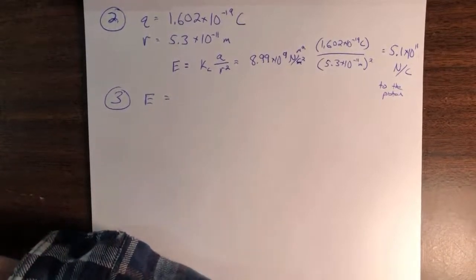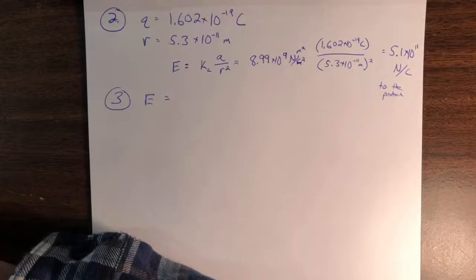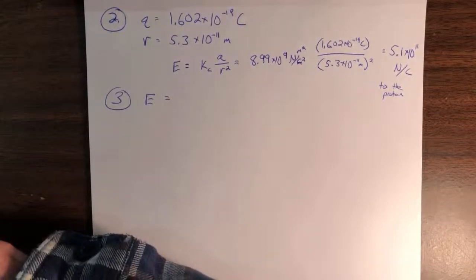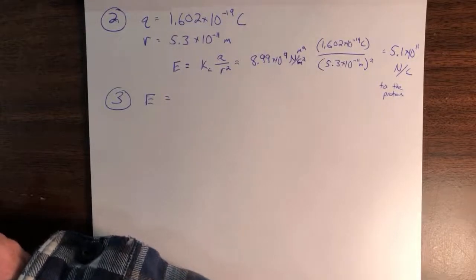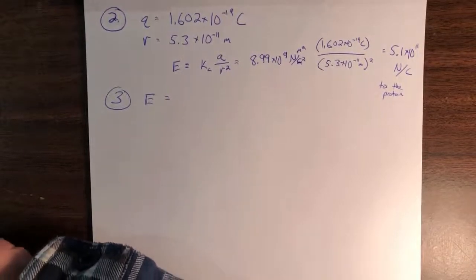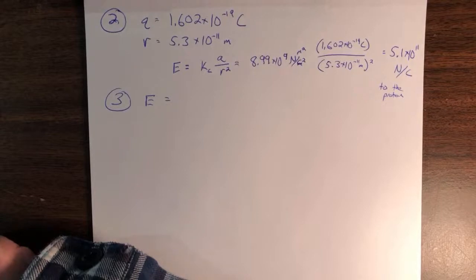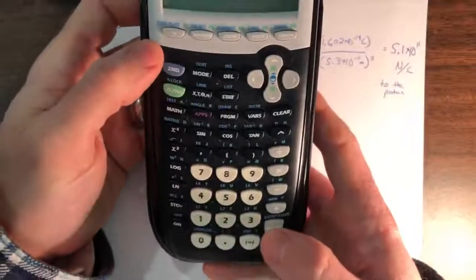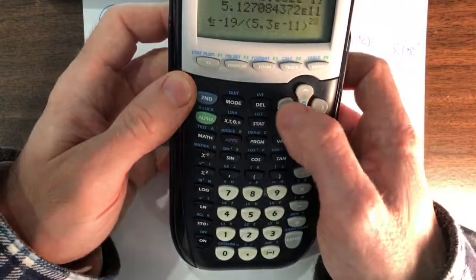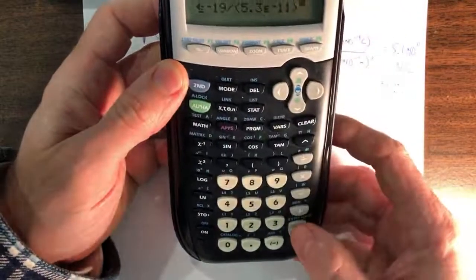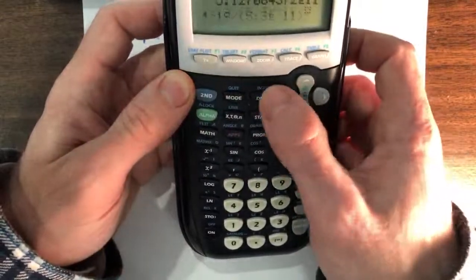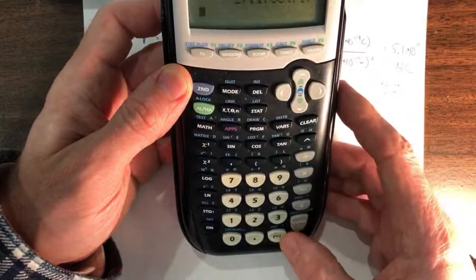So you get 27. Oh man, I don't even know what to say. You know what I think? What if you forgot to square the denominator? Let me try that out. If you forgot to square the denominator, let's just delete the square and see what happens. If I can delete that. There we go. Aha!